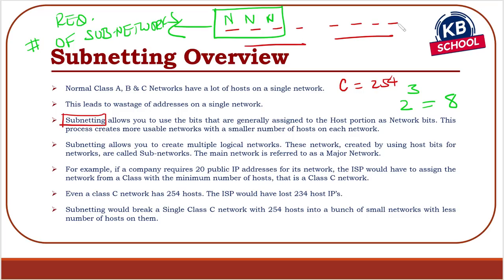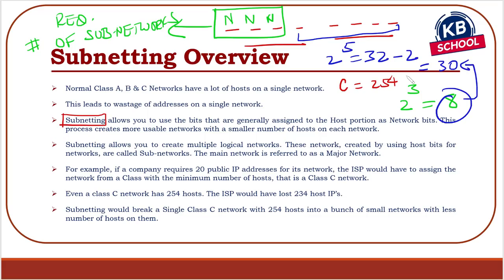But now on each one of those networks, I only have what? 5 bits for the host, which is 2 to the power of 5, which is 32. Again, we already established that you lose 2 addresses per network, the network and the broadcast. So I only have 30 hosts. I'll have 8 networks with 30 hosts if I borrow 3 bits. So on and so forth. We'll get into detail about that as we go through it.